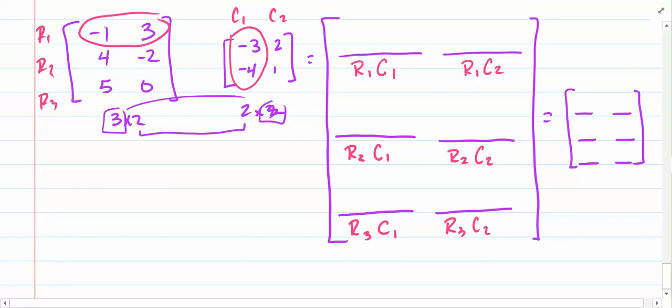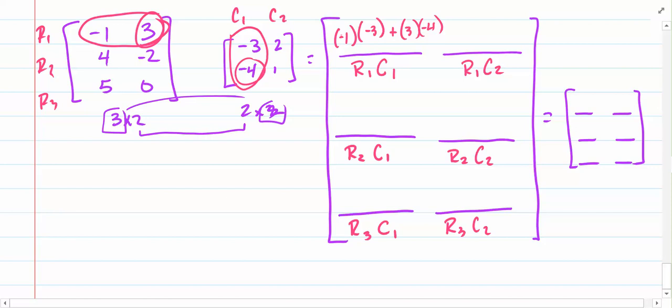I'm going to take the first entry in row 1, which is -1. I'm going to multiply it by the entry in matrix B, -3. So I have a -1 and a -3, plus a 3, which is this one here, times a -4. Because that's row 1 times column 1.